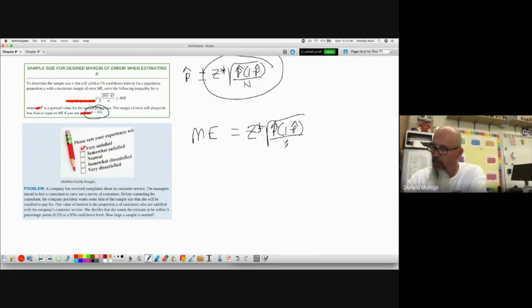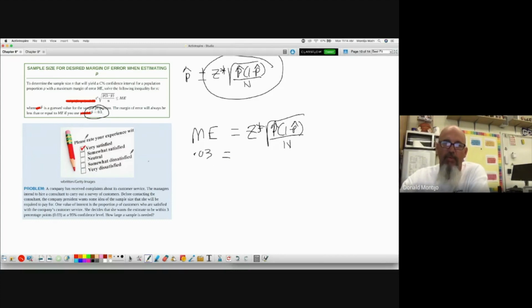So the margin of error is equal to z star times the square root of p hat times 1 minus p hat over n. Well, we want a margin of error of 3%. And we want to be 95% confident.